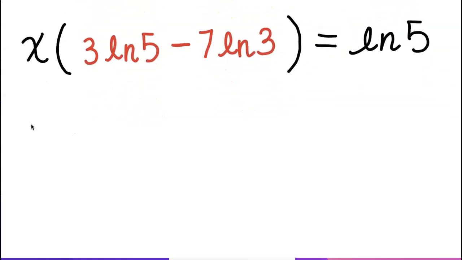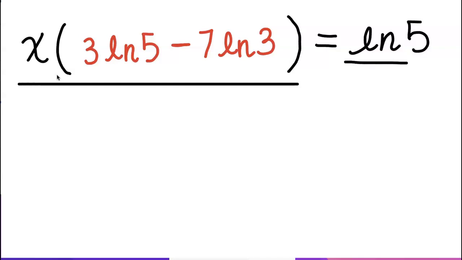We're one step away. We're trying to solve for x. If you notice, x is currently getting multiplied by this big parenthesis of 3 natural log of 5 minus 7 natural log of 3. So if you want to cancel out the multiplication, we are going to divide both sides by what's inside that parenthesis.